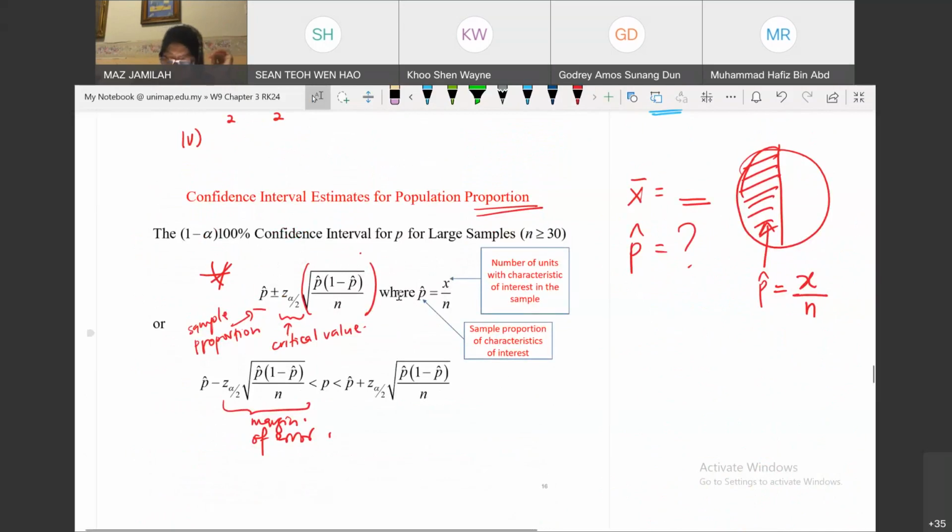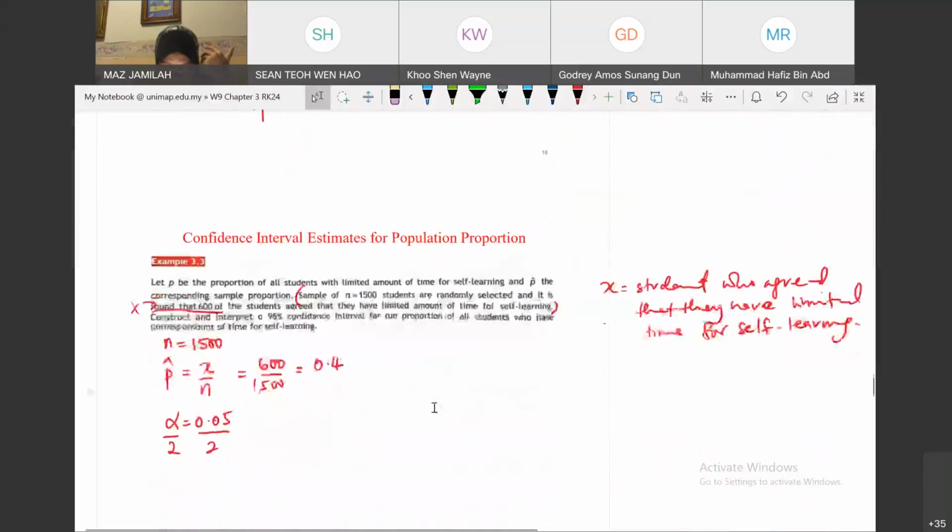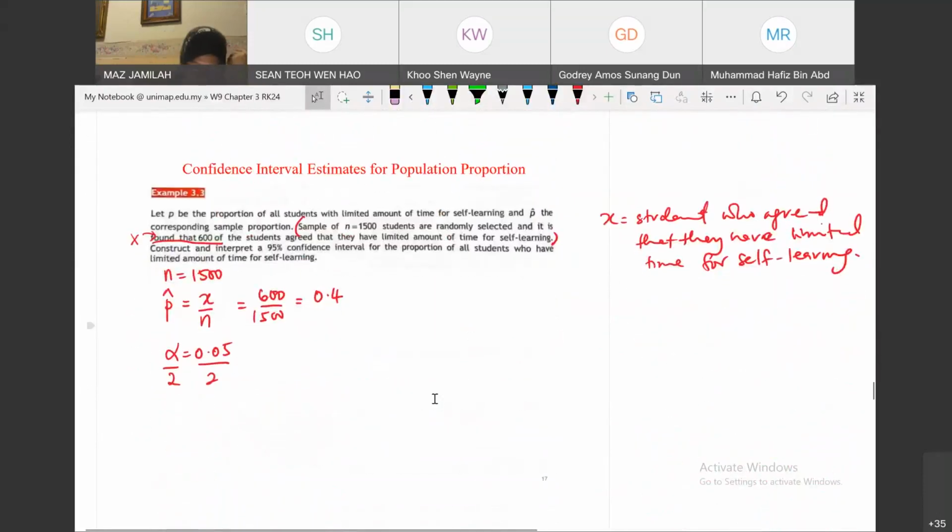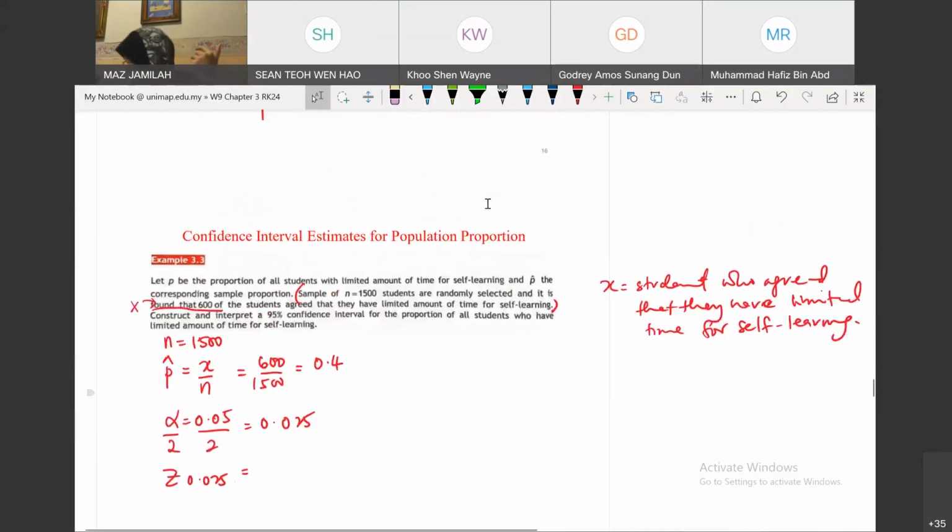There would be no condition for your n or whatsoever because we know that this sample size is very big. For alpha over 2, 0.05 divided by 2, you will get 0.025. So look for z 0.025, and you will get 1.96.